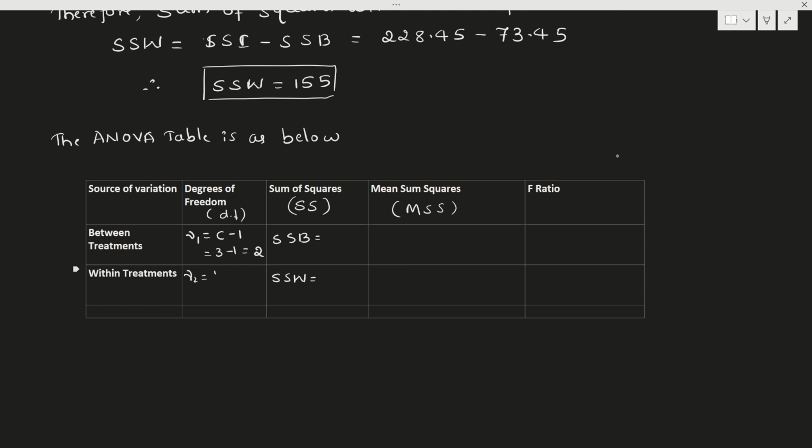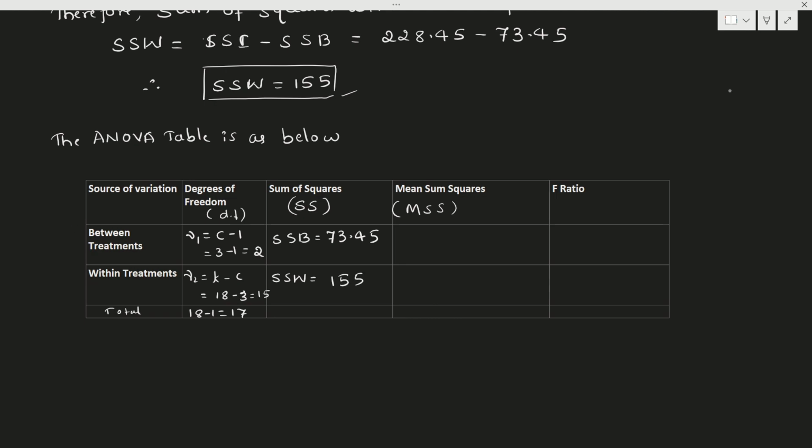Nu 2 is K minus C, where K is the total number of items, so 18 minus 3 is 15. Total is 18 minus 1, 17. SSB is 73.45 and SSW is 155, which we already found.